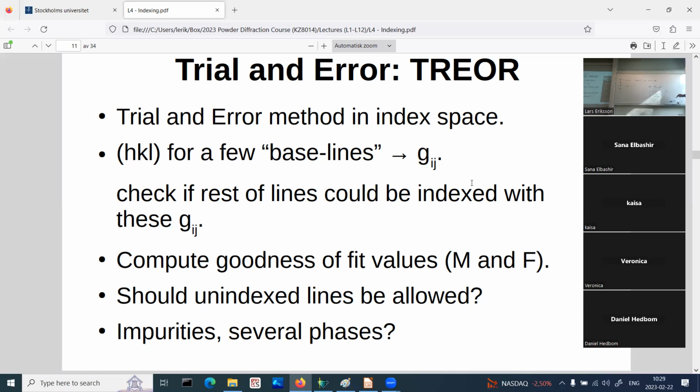75 combinations raised to the power of 6, times a few possibilities for generating different baseline combinations, and this is just a possibility. 75 to the power of 6 is something like 10 to the 11.